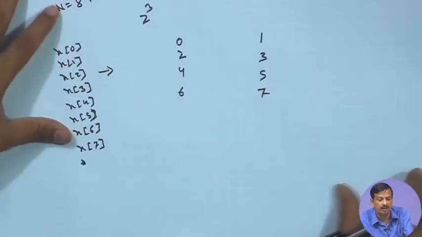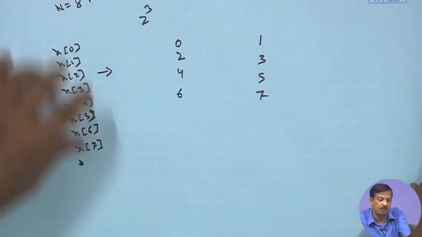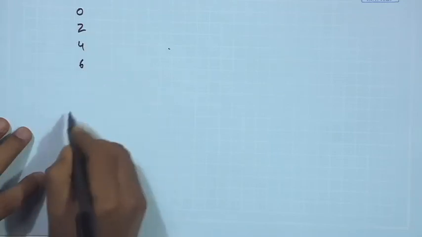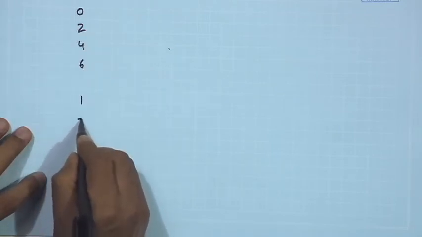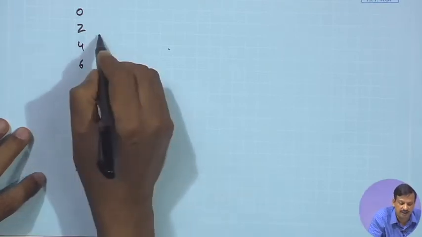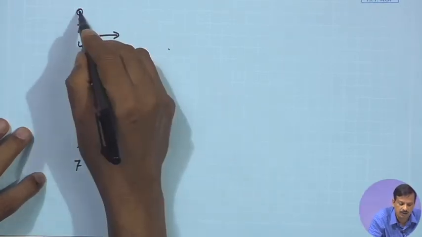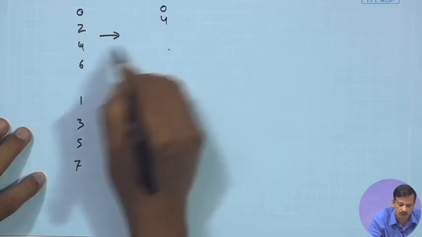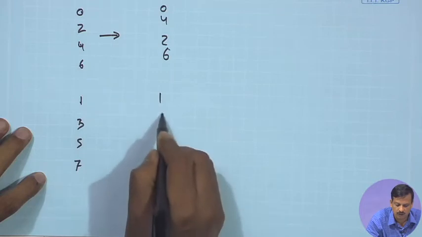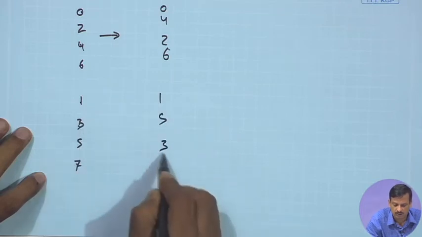So, I take the upper part, 0, 2, 4, 6, and then I take 1, 3, 5, 7. Then again this can be divided into two parts, even 0, 4 and odd 2, 6. Again it is even 1, 5, odd 3, 7.